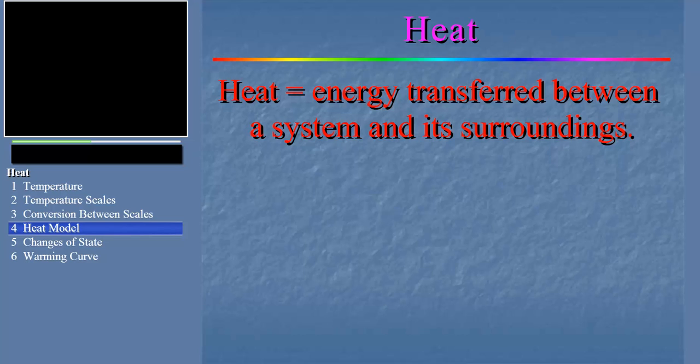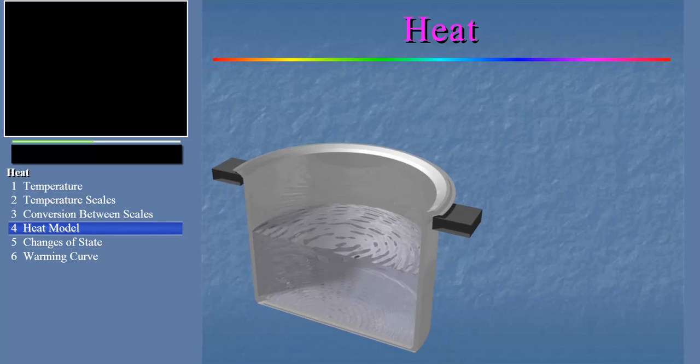Let's say we know how much energy it takes to heat the water in this pan by 1 degree C. And let's say we know how much energy we can get out of burning 1 milliliter of natural gas. Then we could calculate how many milliliters of natural gas we'd have to burn to bring this much water to a boil, wouldn't we?